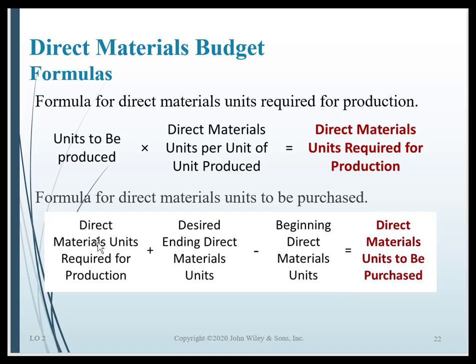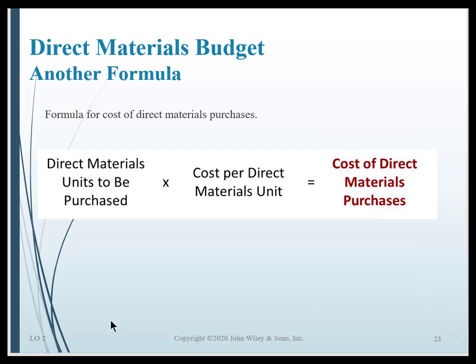What's next? Direct materials. So we need to know the direct materials required for the production. And again, add to that the ending inventory in direct material units, subtract out the beginning, gives us the direct material units we need to produce. So once we know the units we need to produce, we need to know the cost per unit. That gives us the cost of materials.